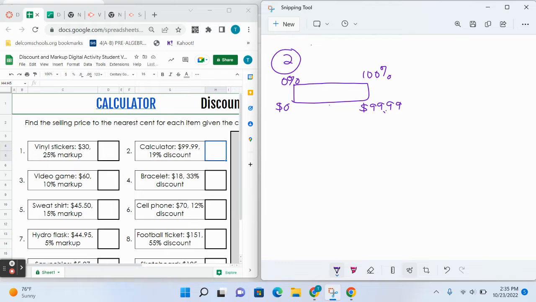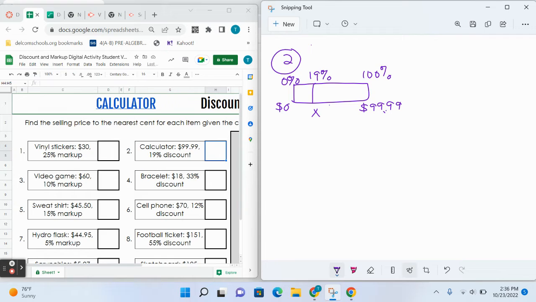We then looked at the percentages we were trying to visualize on the rectangle. So 19%. Look at your top. 19%, I want to say, is about there. The amount of money that represents that discount would be this X value. You could go ahead and guess that if you want.